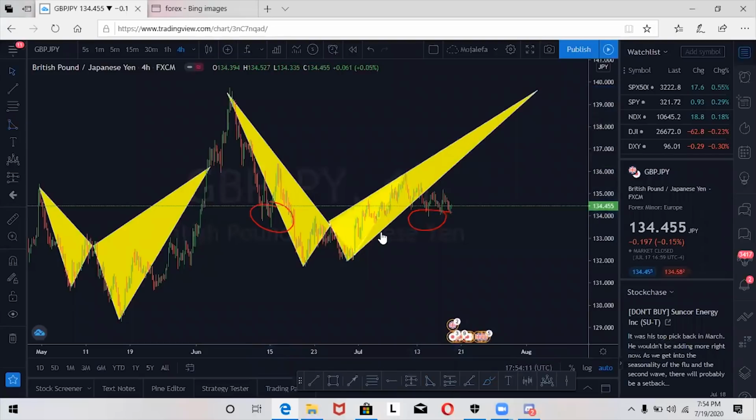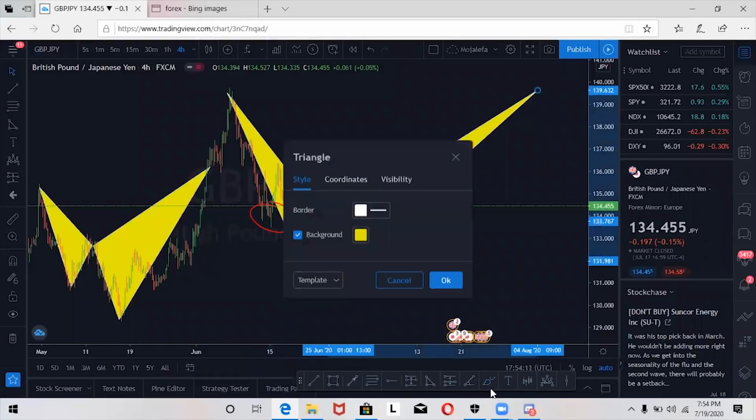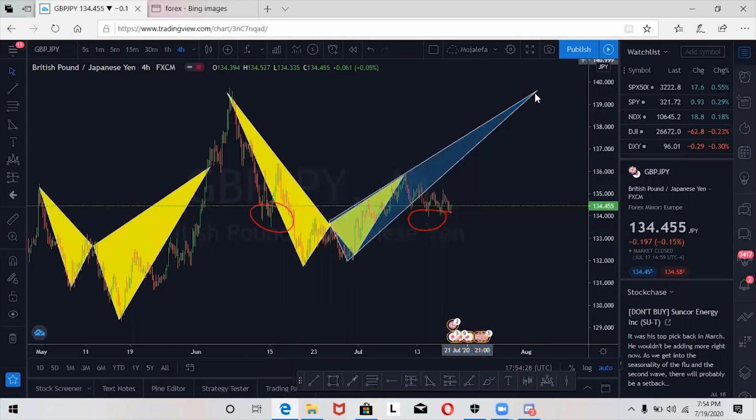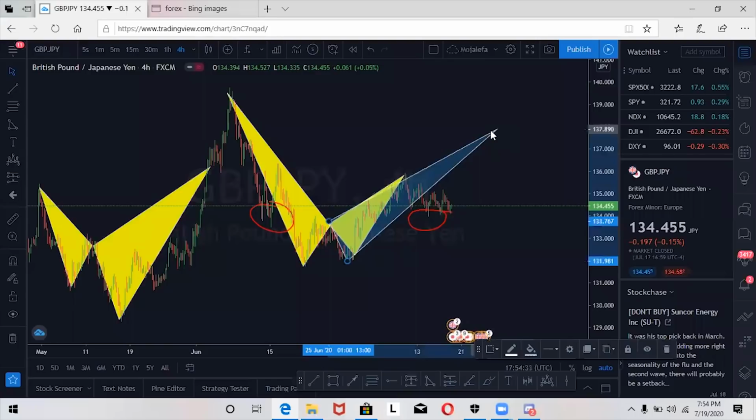Then let me change the background color. You see, it can be something like this. Not that it can go that far, but at least there are possibilities of it going higher.